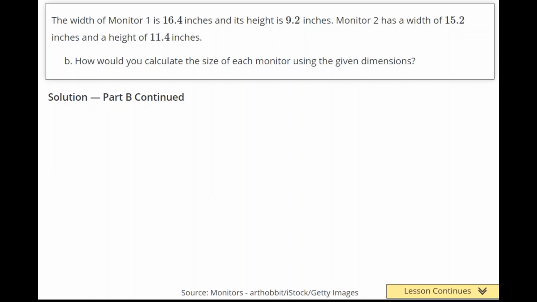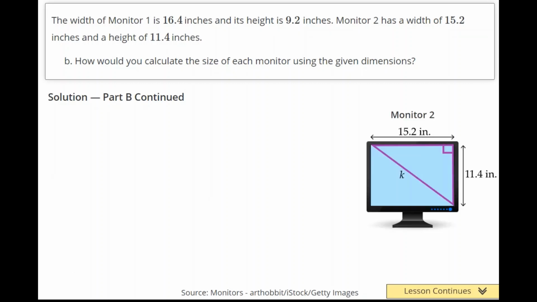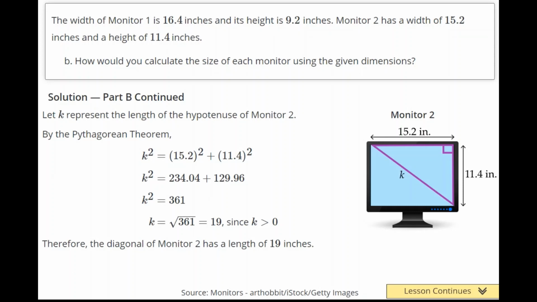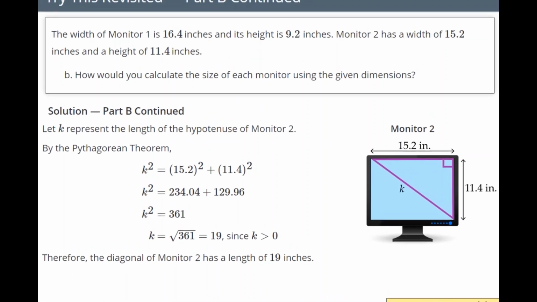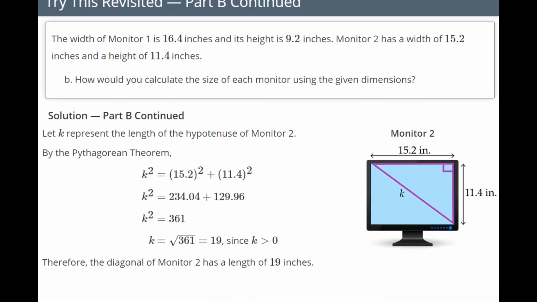Let's have a look at monitor 2. Let k represent the length of the hypotenuse of a right triangle which we imagine to be on the screen of monitor 2. By the Pythagorean theorem, we have that k squared equals 15.2 all squared plus 11.4 all squared, and that expands out and adds together to give 361.